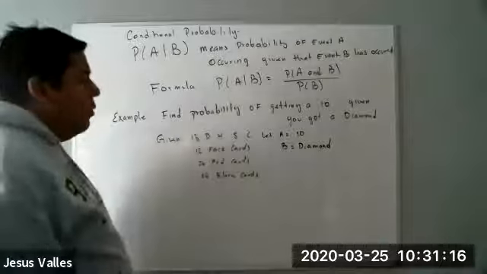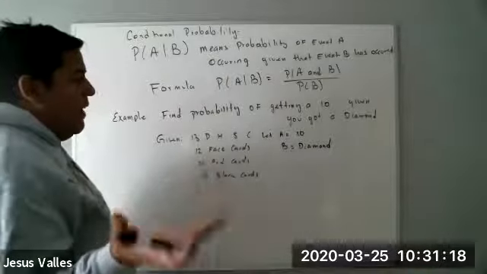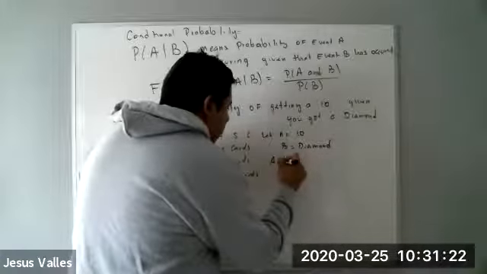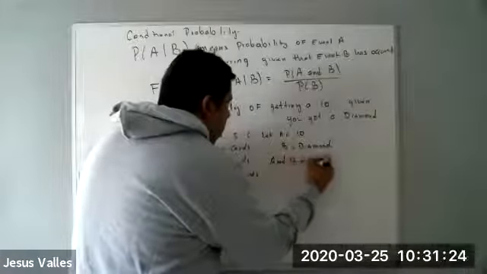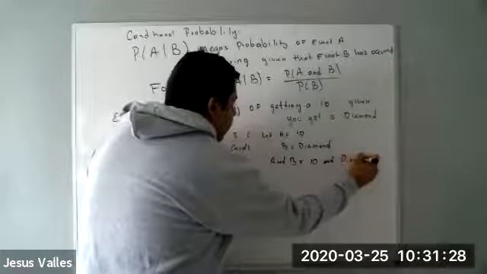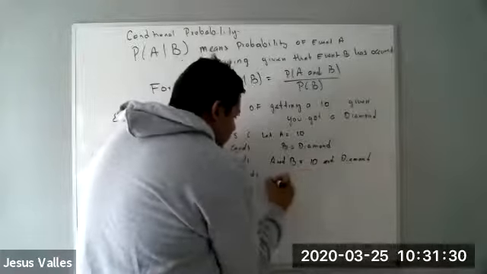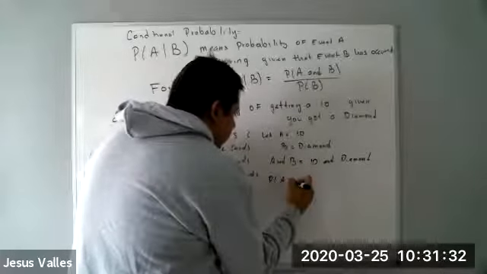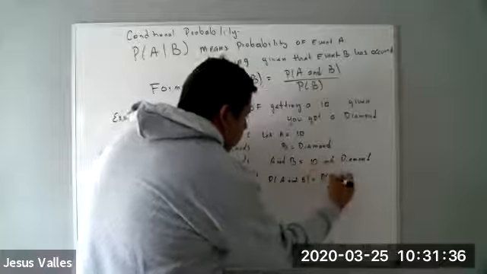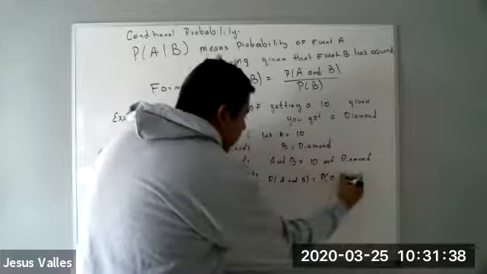So then we're trying to find the probability of A and B. So A and B in this case is a 10 and diamond. So the probability of A and B is the probability of a 10 and diamond.